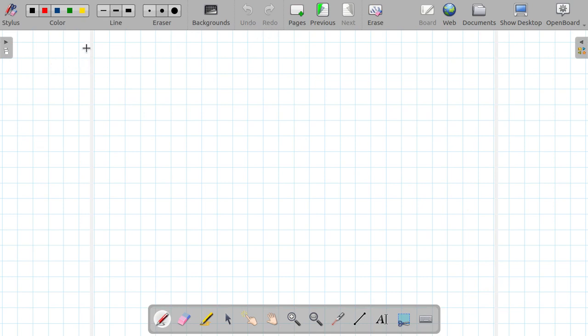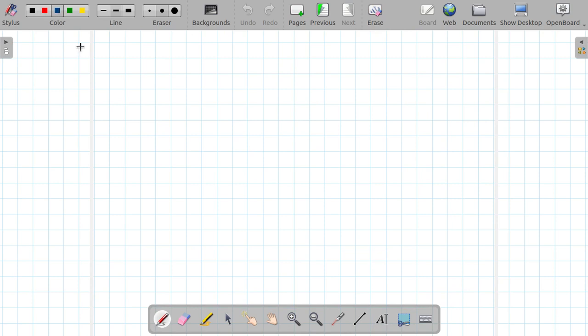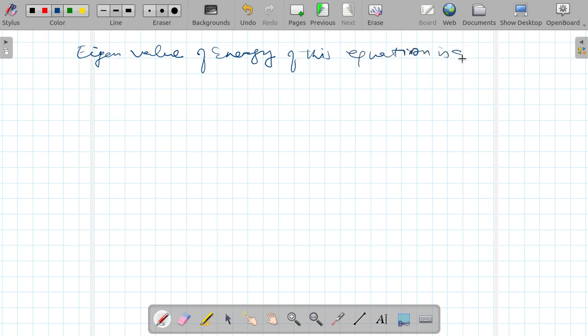The eigenvalue of energy of this equation is given as En equal to n plus half h cross omega. That means the energy of the oscillator is discrete and equally spaced.